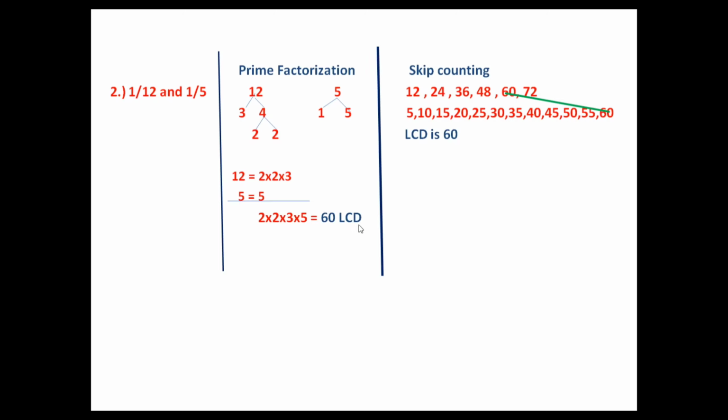So our LCD is 60. How about skip counting? Look at this: 12, 24, 36, 48, 60, 72, and so on. Then 5, 10, 15, 20, 25, 30, 35, 40, 45, 50, 55, 60. So our least common denominator is 60.